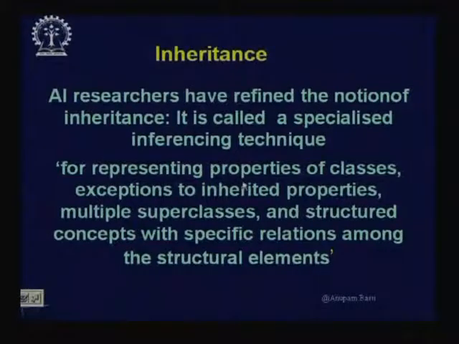So, using this idea, AI researchers have refined the basic notion of inheritance, and it is called a specialized inferencing technique for representing properties of classes. Now, at this point I want to pause for a second.